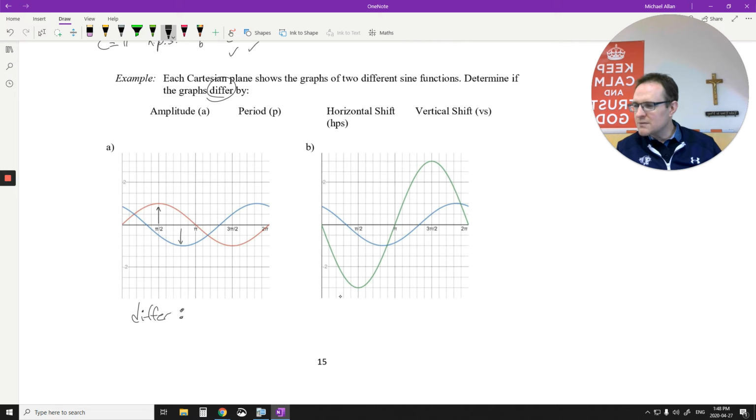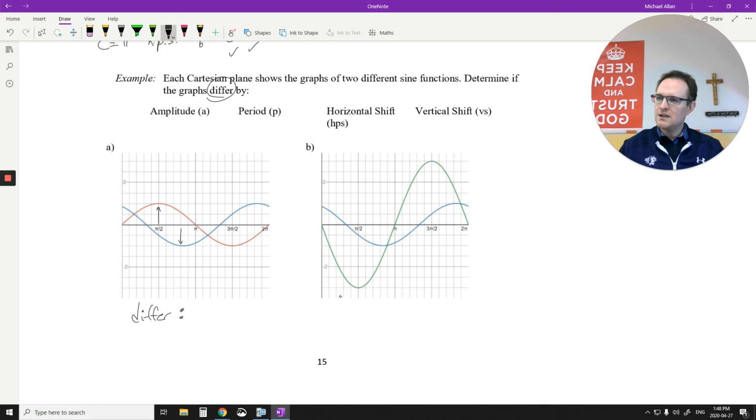It's hard to see what the periods are, but you just hold your fingers here, take the period of 1, kind of shift it over and see, do they look the same? Yeah, they do look the same. So the periods of that graph are the same. Okay.